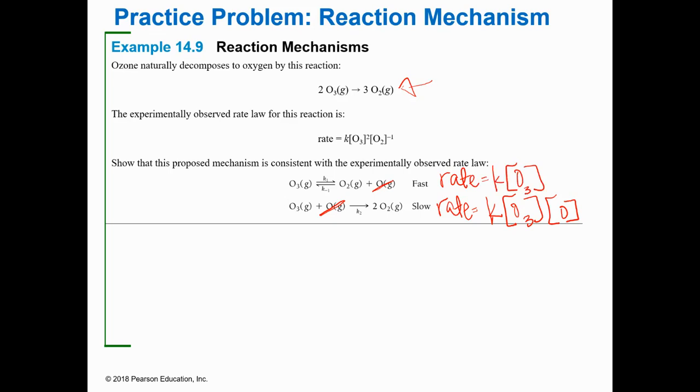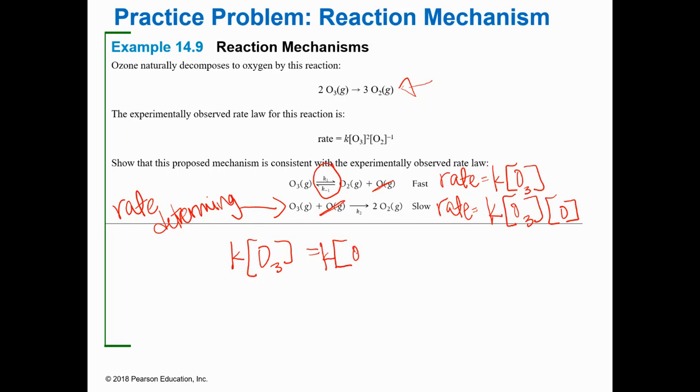All right. So one problem we have is that the rate laws don't match the observed rate law. Also, the slow step, which is my rate determining step, has an intermediate. But notice we've got this, so we can adjust for that. Because of that, the rate on one side, which is O3, is equal to the rate of O2 times O. Remember, we're trying to get rid of O, so I need to solve this equation and just have O on one side.